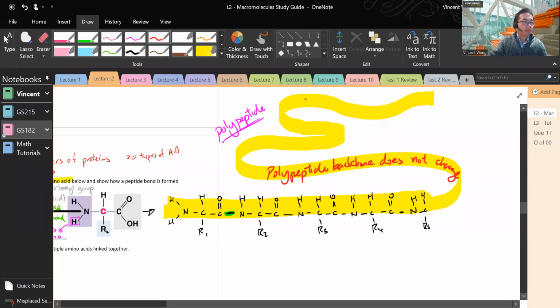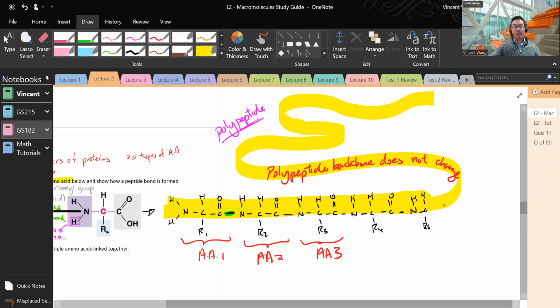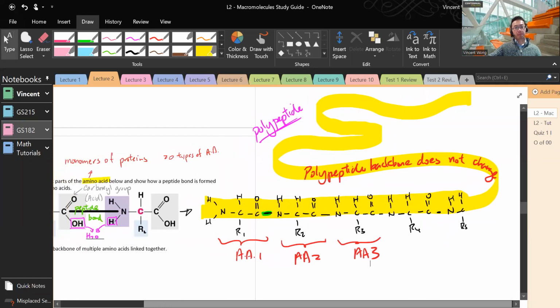It's the same thing. And this is your amino acid number 1. This one here is your amino acid number 2. Amino acid number 3, so on and so forth. You might have hundreds and hundreds of these, or it could be as short as 4 or 5 amino acids. It really depends on what kind of protein you're trying to make.